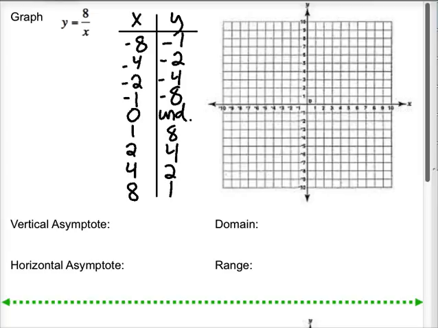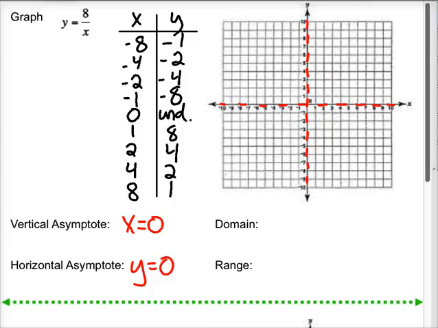Well, for everything in this lesson, your asymptotes are going to be at 0, okay? In the next lesson that'll change because there'll be some shifting happening, but they always start at 0. So that's always where I'm going to begin my asymptotes.